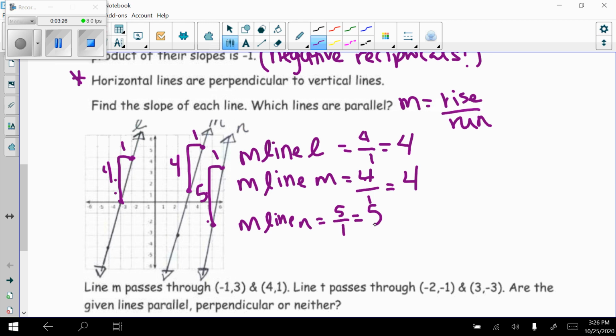Remember, at the beginning of the notes, we just learned that parallel lines have the exact same slope. These two lines, line L and M, both had a slope of 4. So those are parallel lines. So we could say L parallel, remember our notation for parallel, is M. So L is parallel to M.